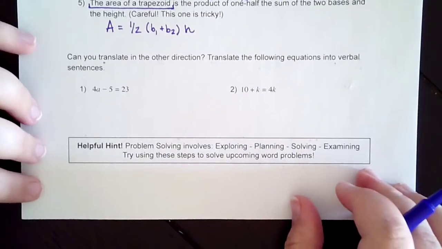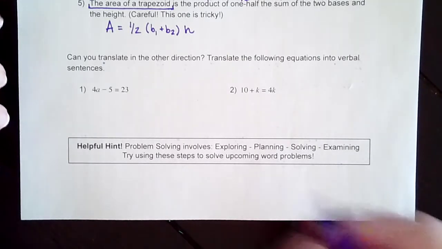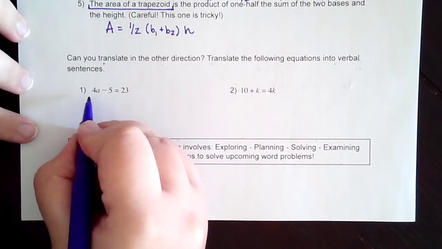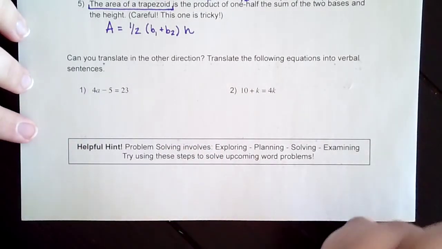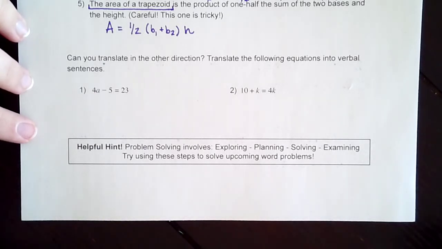All right, last thing. We have to be able to also go in the other direction. So can you translate in the other direction? Let's do that with the following equations and put them into verbal sentences. And these have a lot of different answers. So long as they're mathematically correct and I could put them back into the original form, I will take your answer.